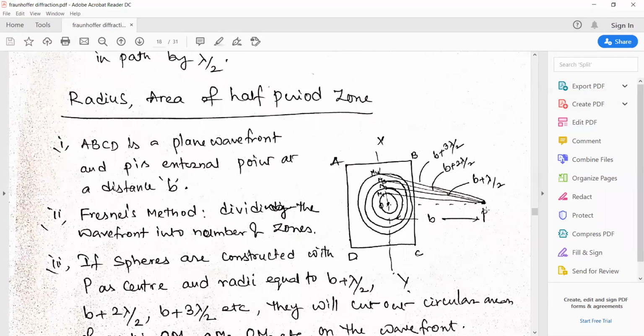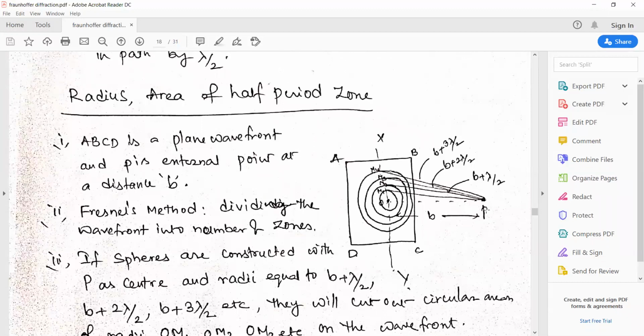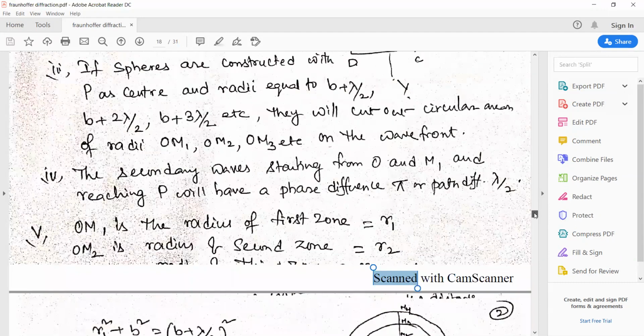If I ask you the distance from P to M6, 6th zone, you will write B plus 6 lambda by 2. If I ask you the 10th zone, P to M10, then you will write B plus 10 lambda by 2. Just add B plus lambda by 2, whichever zone number it is, first, second, or third, keep on adding.